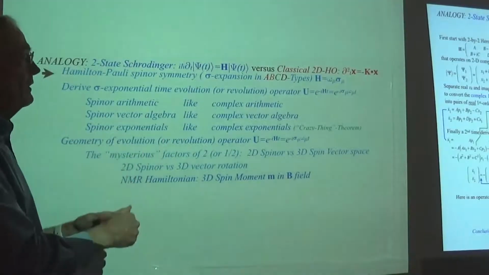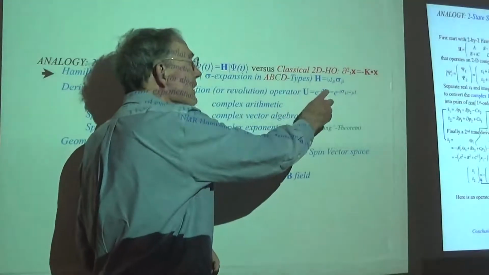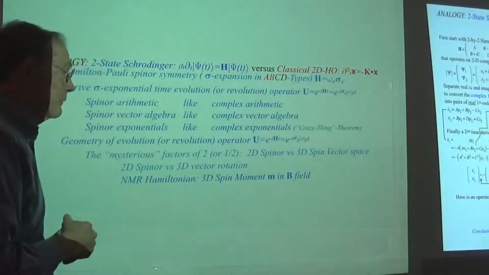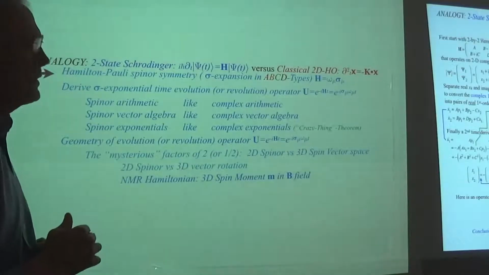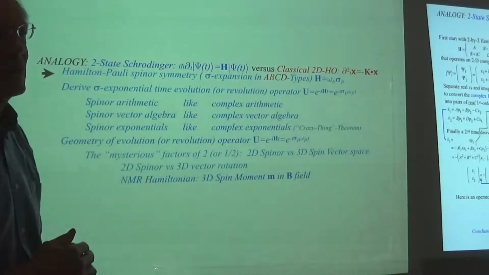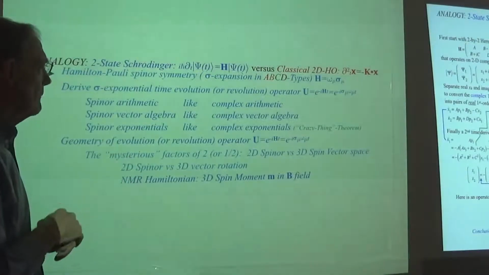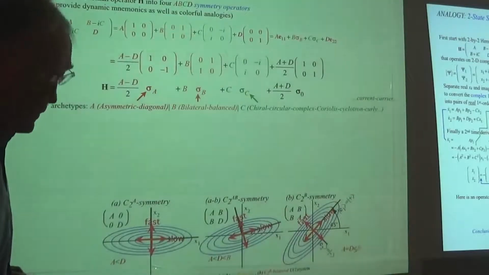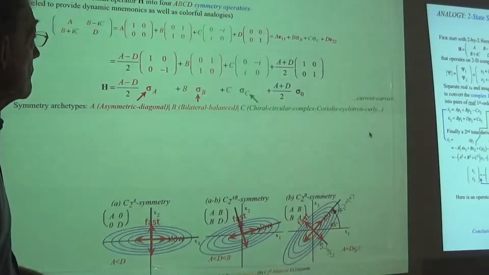That's what we actually need here. We need e to the minus h, and h is going to be a combination of these spinor operators that Pauli claims he discovered, but he didn't. It's Hamilton that discovered that algebra. It's called quaternions. Okay, so that's what we're headed to here.